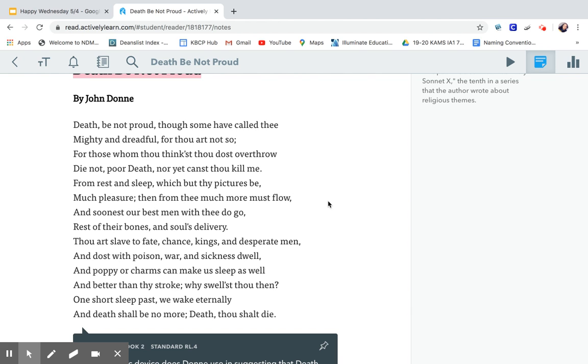Thou art slave to fate, chance, kings, and desperate men, and dost with poison, war, and sickness dwell, and poppy or charms can make us sleep as well and better than thy stroke. Why swell'st thou then? One short sleep past, we wake eternally, and death shall be no more. Death, thou shalt die.